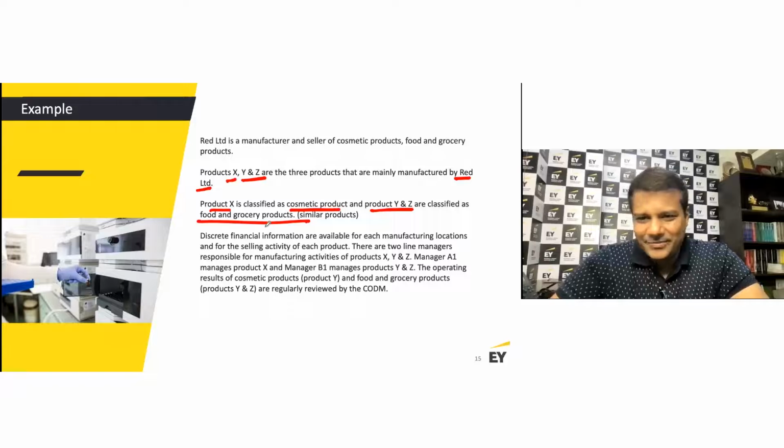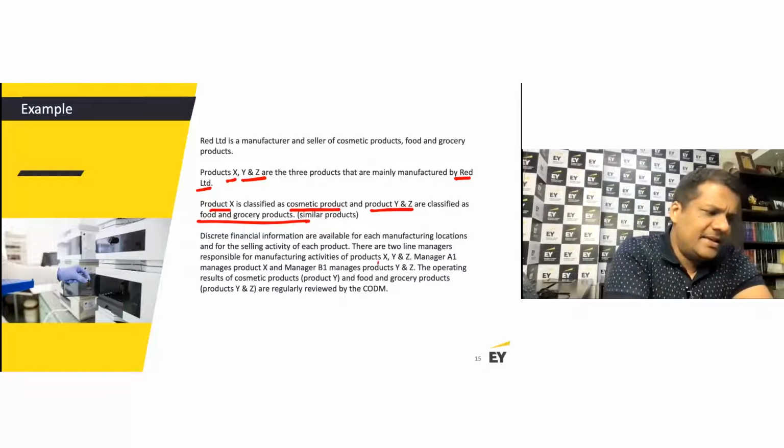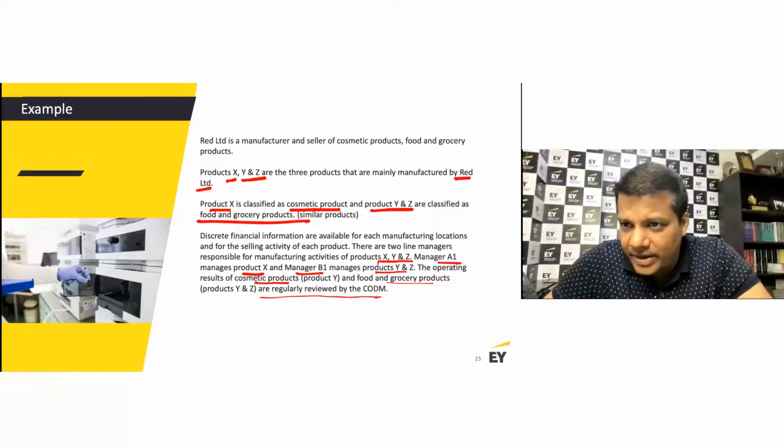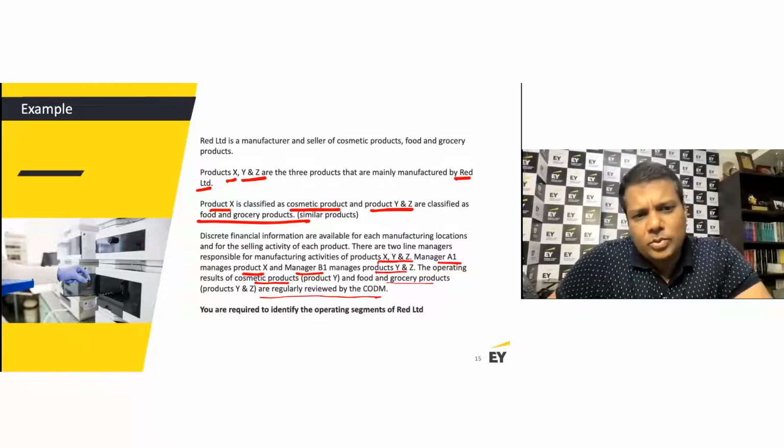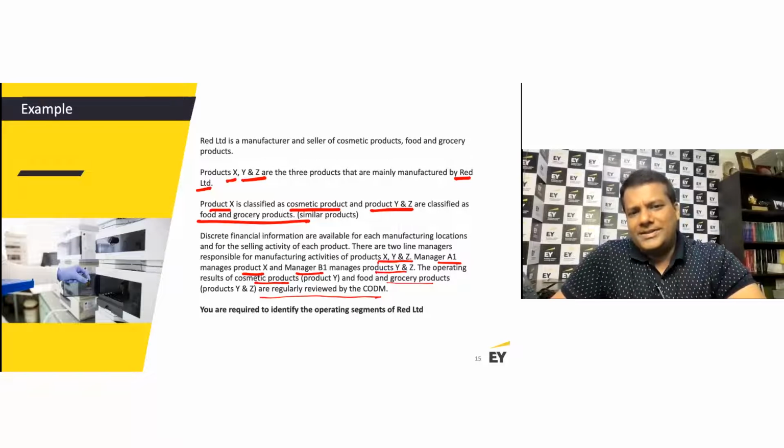So we have the discrete financial information also available. Manager A1 manages product X and manager B1 manages products Y and Z. The operating results of cosmetic products and food and grocery products are regularly reviewed by the CODM. Okay, awesome. You are required to identify the operating segments of Red Limited.